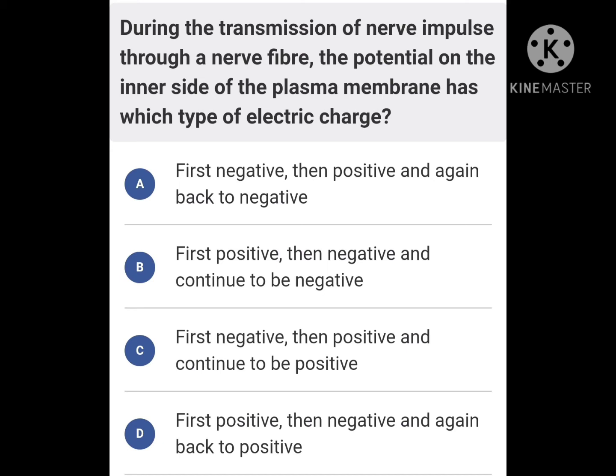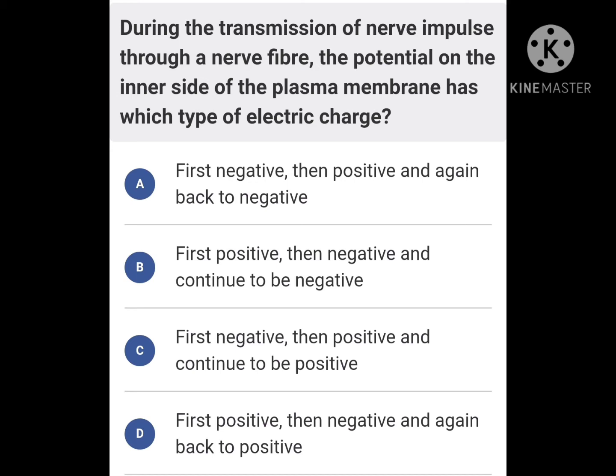Next question. During the transmission of a nerve impulse through a nerve fiber, the potential on the inner side of the plasma membrane has which type of electrical charge? Option A, first negative, then positive, and again back to negative. Option B, first positive, then negative, and continue to be negative. Option C, first negative, then positive, and continue to be positive. Option D, first positive, then negative, and again back to positive.